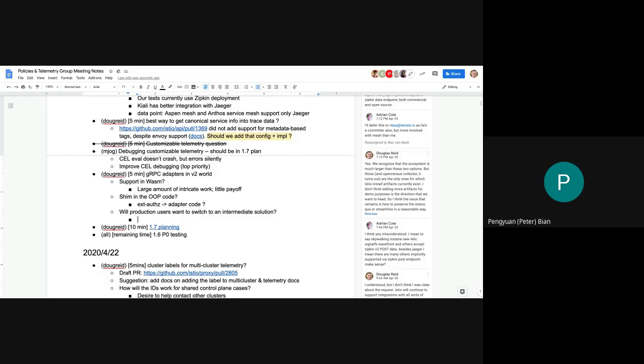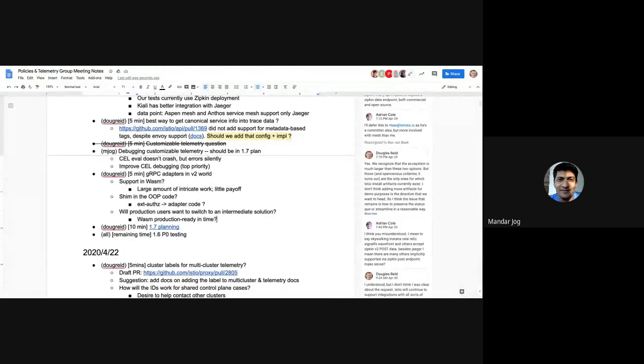So that's why I think it makes sense to provide this shim for a short period, and also ask people to start to think about transition to WASM.